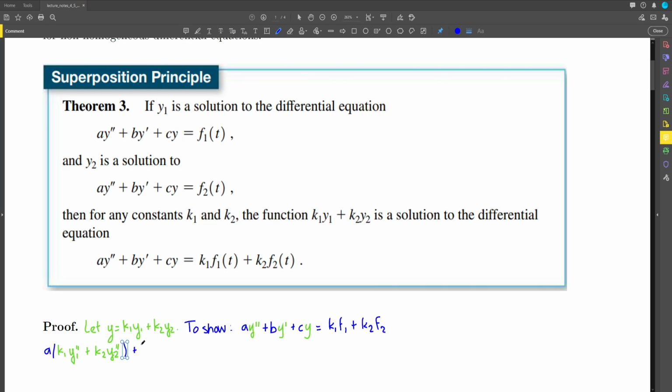So then we have plus b times y prime, which is given by k1 y1 prime plus k2 y2 prime, and then finally we have c times y, and y is equal to k1 y1 plus k2 y2.